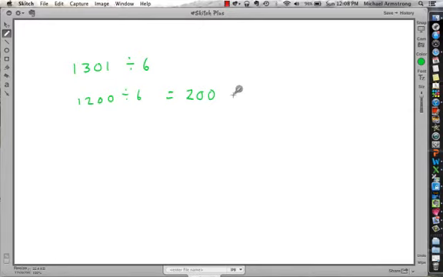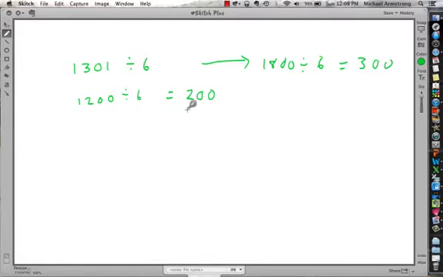That's one estimate. That was rounding down. If we were to get a higher estimate, I suppose it depends. There's a couple of ways to do it. You might have to go all the way up to the next thing that 6 goes into, which would be 1800. And 6 goes into 18 3 times.